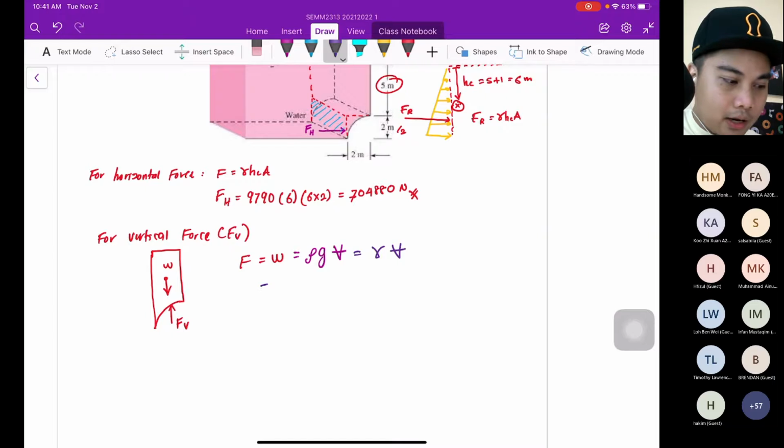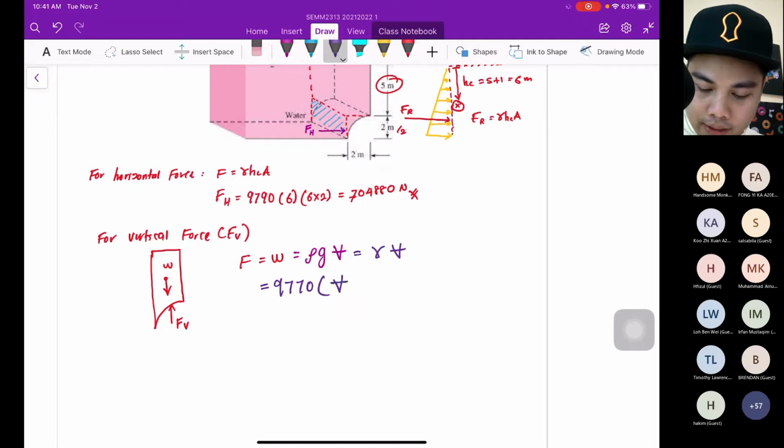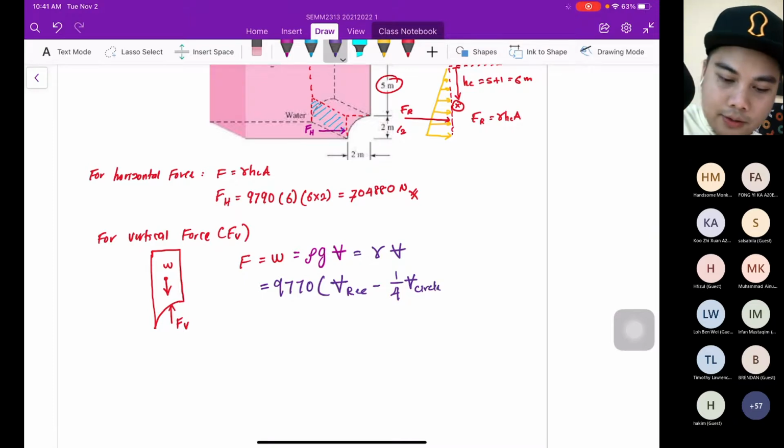To simplify, gamma of the water is 9790. The volume of the rectangular block minus the quarter of the sphere.